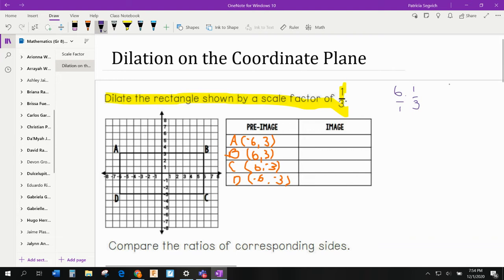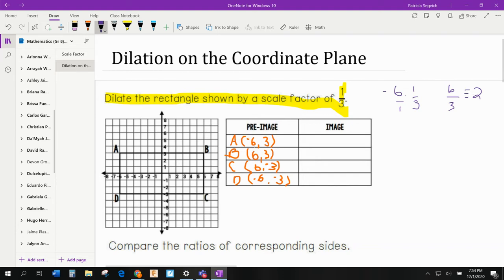Then 6 times 1 is 6, and 1 times 3 is 3. And 6 over 3 is 2. So 6 times 1/3 is 2. If this is a -6, then it would be a -2.